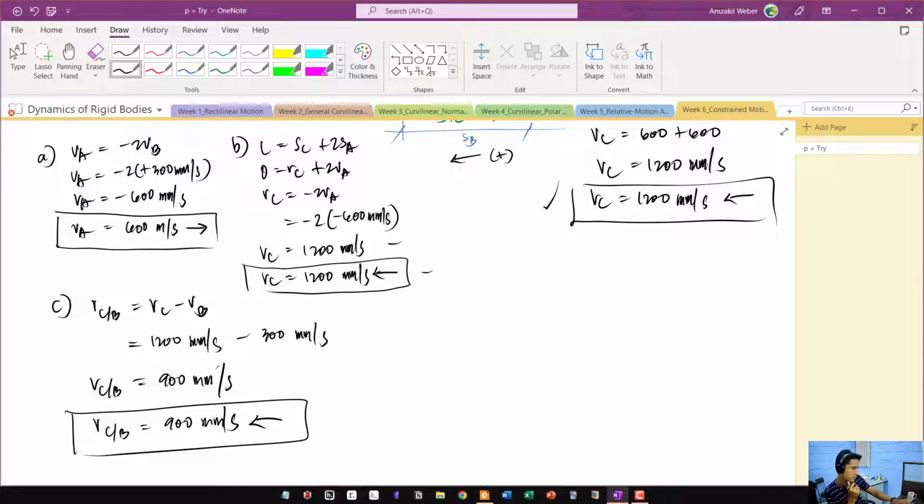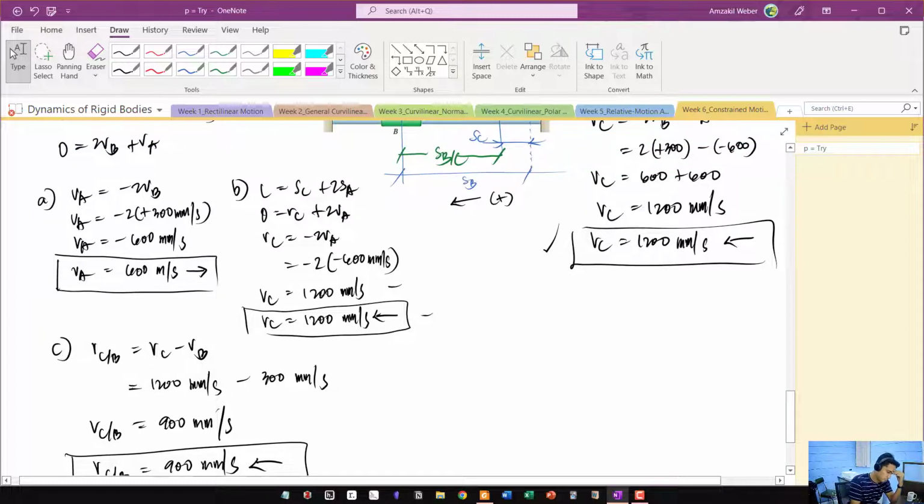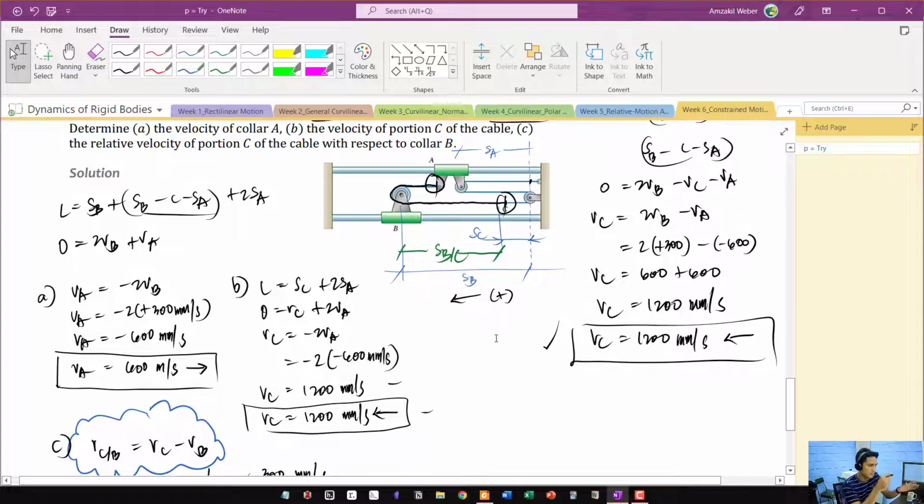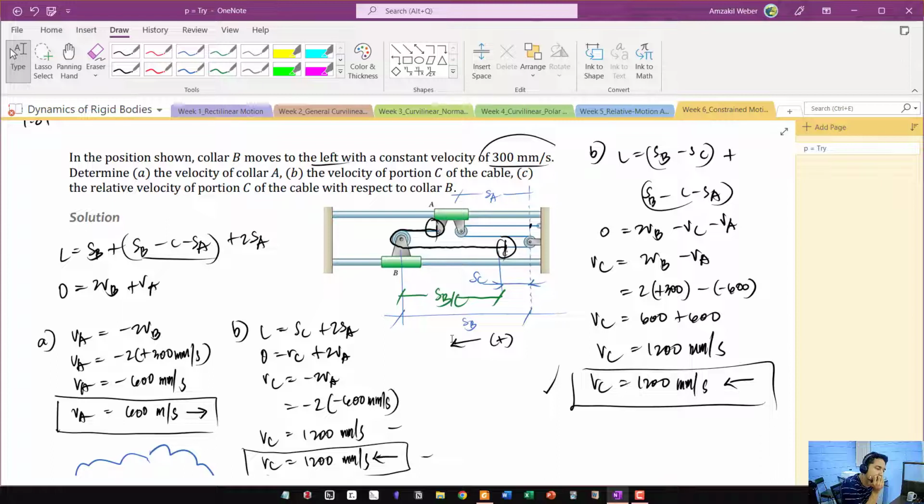Can we arrive at the same answer using a different solution aside from this equation, using the length equation? Can we? There's no other way, because we have already tried this one.